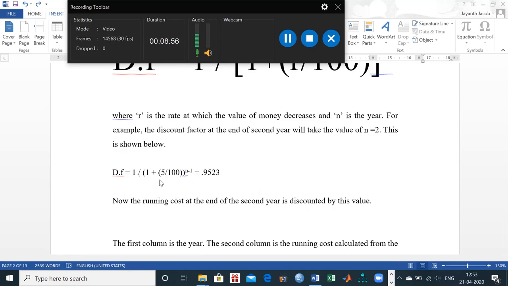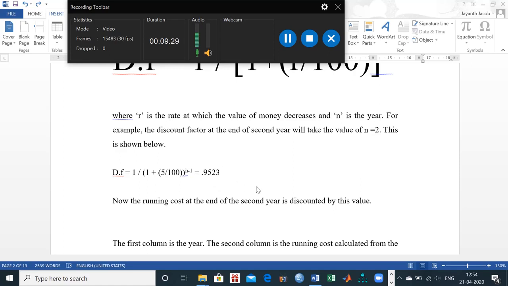Okay, so which is 1 divided by 1.05 to the power of n minus 1. Okay, this is not actually for the first year, but this is more of the second year. So 1 divided by (1 plus 5 by 100) to the power of n minus 1, where n is 2. So at the end of the second year, the discount factor is 0.9523.